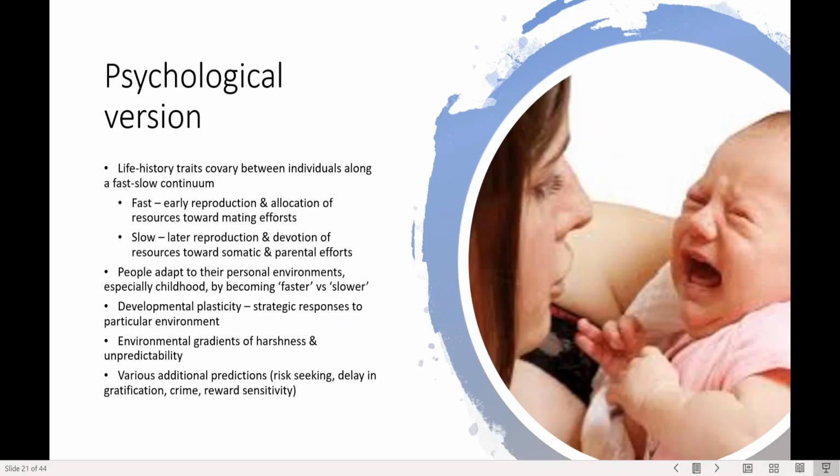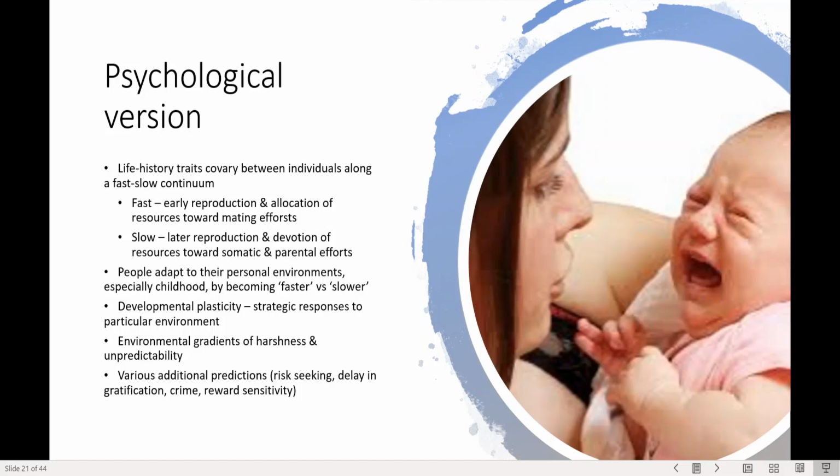So summarizing this, and this is really important, here the variation is really between individuals, right? So it's not so much between populations anymore, but the variation is between individuals, and we can classify individuals in terms of a fast or slow life history.